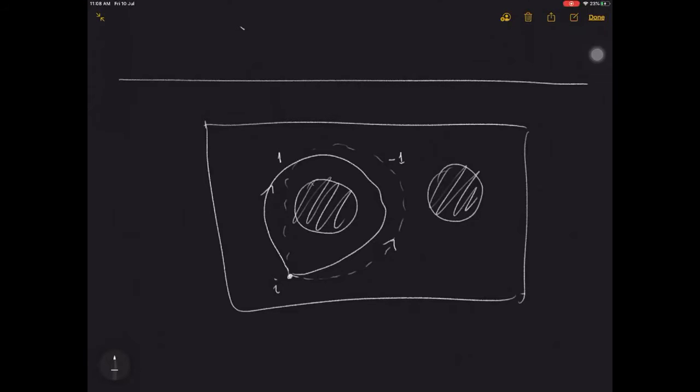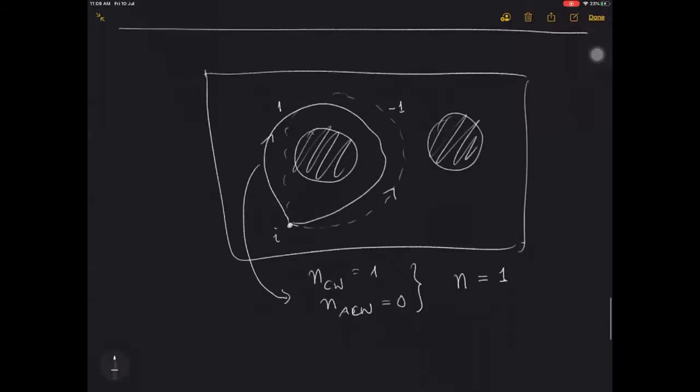So in the first case, n clockwise is 1 and n anti-clockwise is 0. So for this case, then n is equal to 1, well, I mean in one convention.